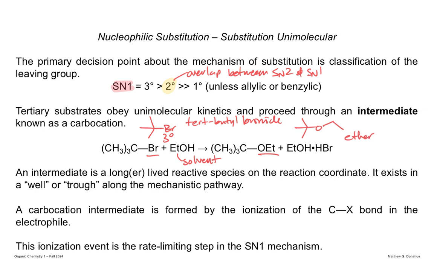And so now we end up with an ether. So one thing that should stand out to you is when you look at that reaction, you do not see a nucleophile of the form metal plus nucleophile minus. The only thing you see is solvent. So for a lot of SN1 reactions, the solvent is the nucleophile. So the nucleophiles in this mechanism are neutral, and we call them weak.